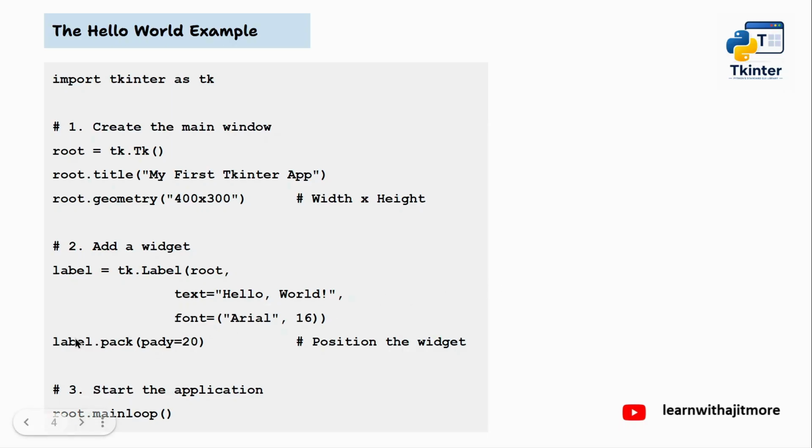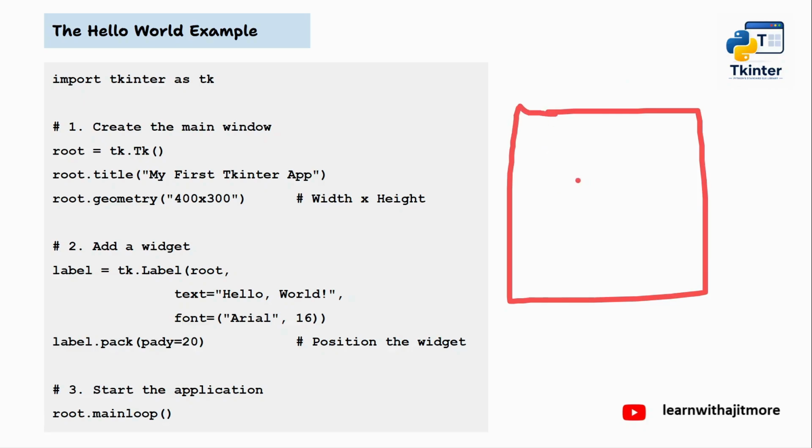So here by default, it will stick this label to the top. This is your window, the label is created with hello world in it, and by default it sticks to the top side.